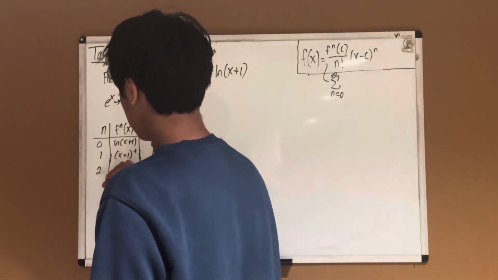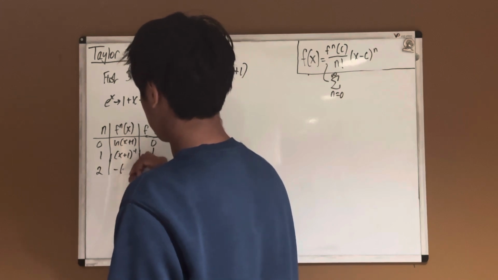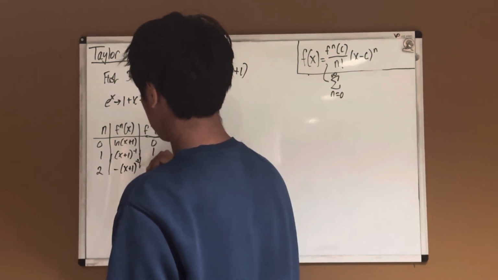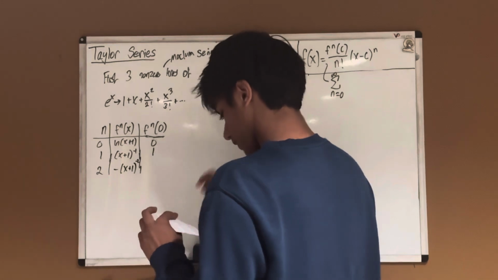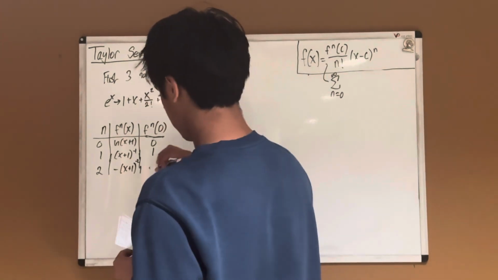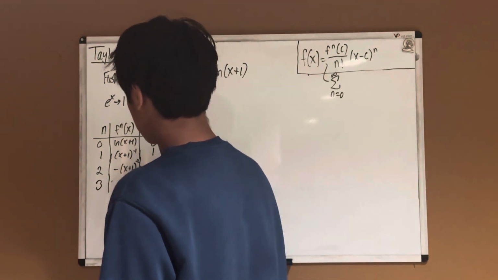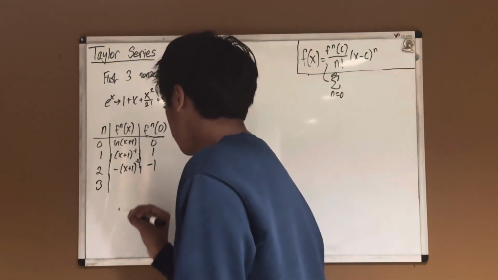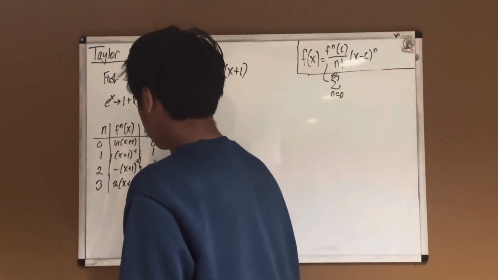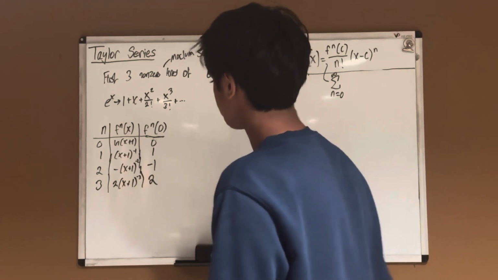Then we'll do 2, so we have negative (x plus 1) to the negative 2. And if we plug in the number, we get negative 1. For 3, we get 2 times (x plus 1) to the negative 3. And if we plug it in this time, we'll get 2.